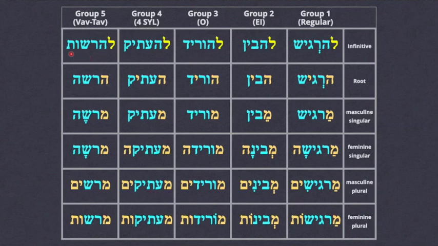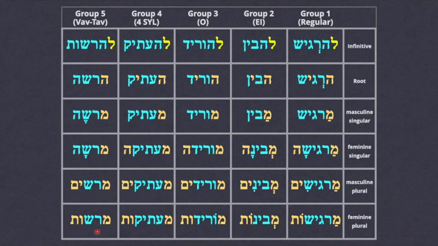So leharshot, we want the a pattern from the infinitive. That vav tav becomes a he, and so we get marshe for masculine, marsha, the a for the feminine, and then marshim and marshot, our regular im and ot plural endings. And notice that the final he we have in the singular masculine and feminine forms drops out, so we don't have it in the plural masculine or in the plural feminine.